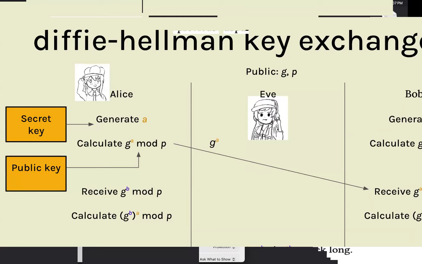This will be her public key. Bob will do the same thing. And the key to this key exchange is that just using G^A and G^B, you cannot calculate the shared key G^(AB). However, Alice can still calculate (G^B)^A, which is equal to G^(AB), and Bob can still calculate the same thing.